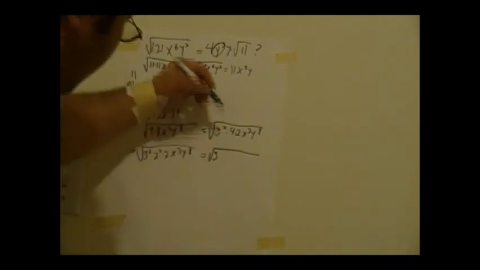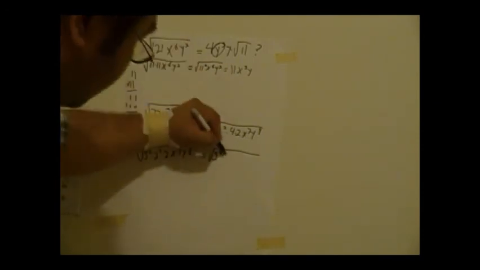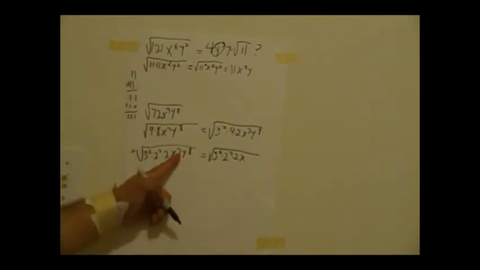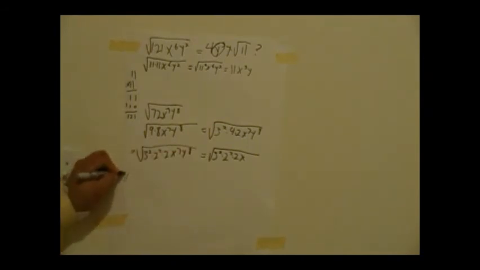Now we're going to have to tackle this odd power, this x to the 7th. So this is what you do when you have odd powers. If you have an odd power like x to the 7th, we can rewrite it as x to the 6th times x.